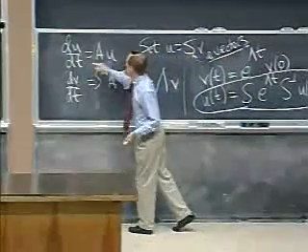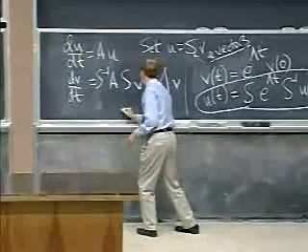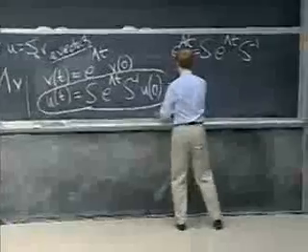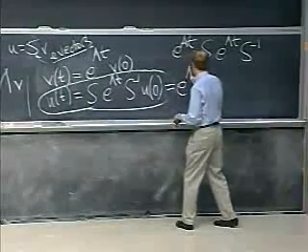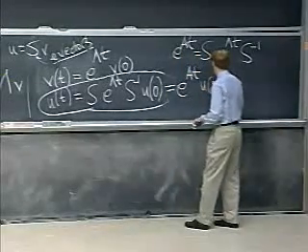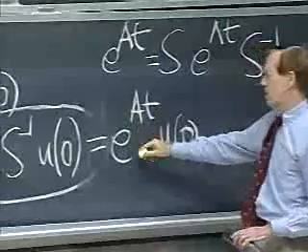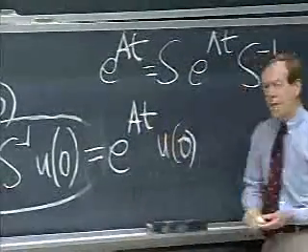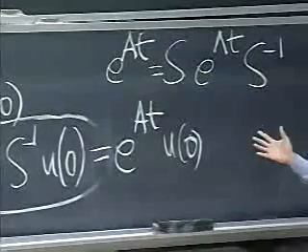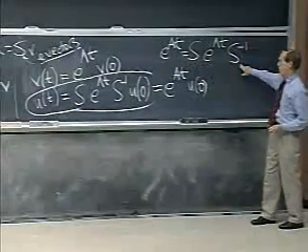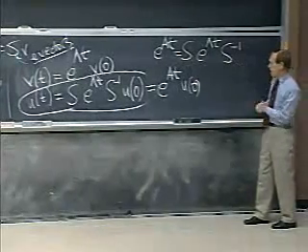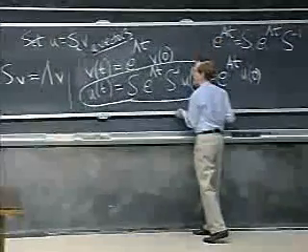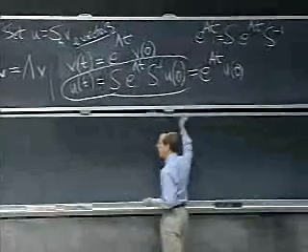My answer to this equation is this u of t, which is e to the At u of 0. So my job now is to say what that means. What's the exponential of a matrix, and why is that formula correct?